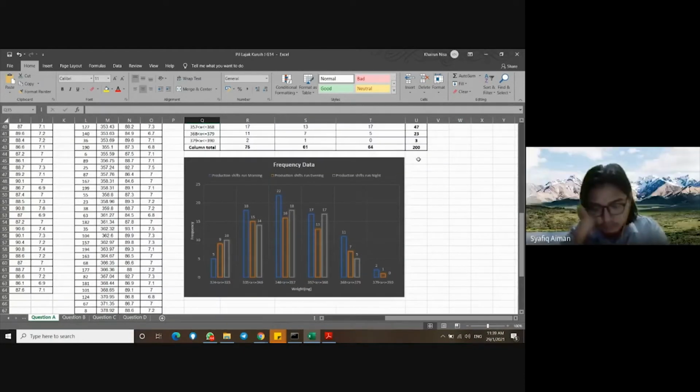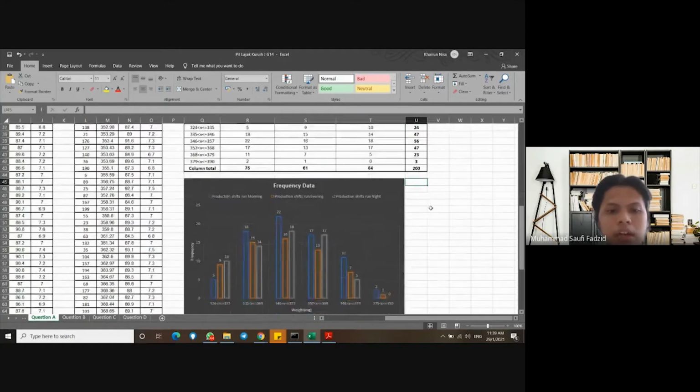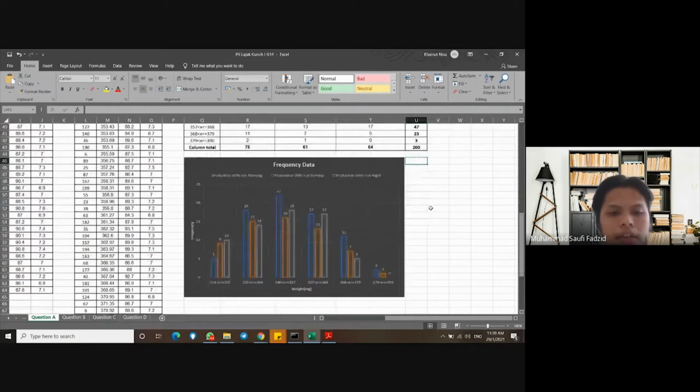Here is our frequency table, which is from question B, asking to build a frequency table. Here is our graph for the frequency data. The x-axis stands for weight, and the y-axis stands for frequency.